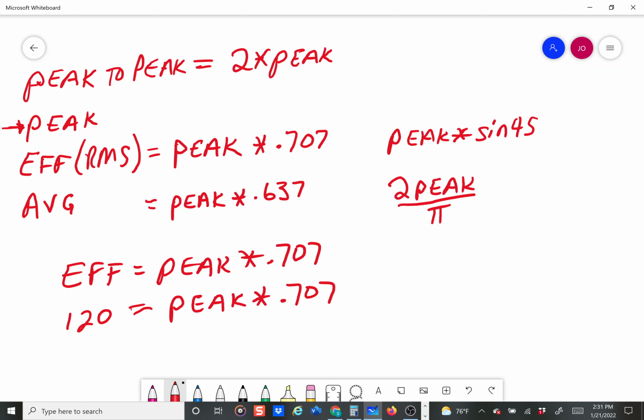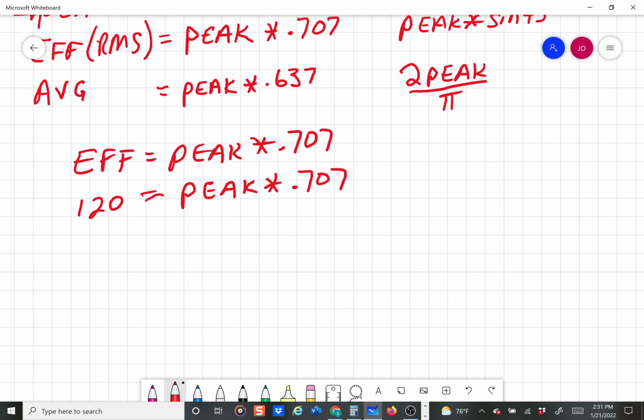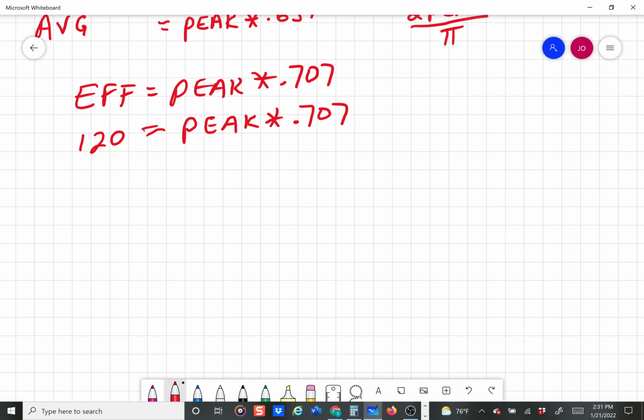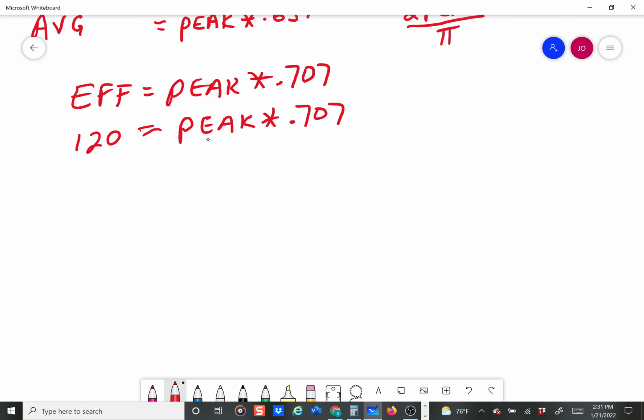I want to find my peak voltage. I'm going to scroll the screen up real quick, if I can. There we go. So algebra says whatever I do to one side, I got to do the other. So I'm multiplying by 0.707, which means I got to divide by 0.707 on both sides.